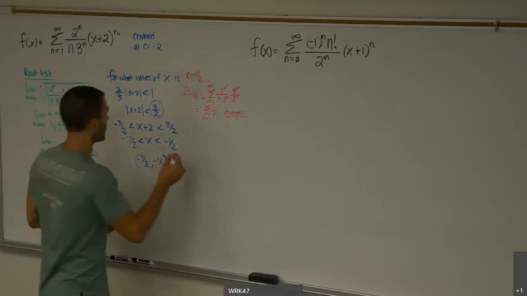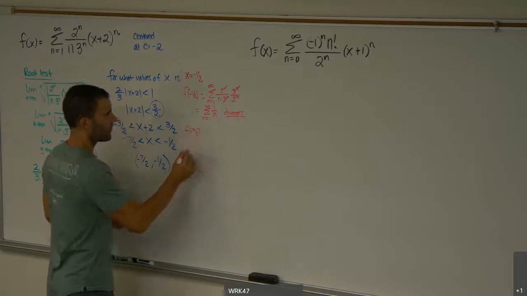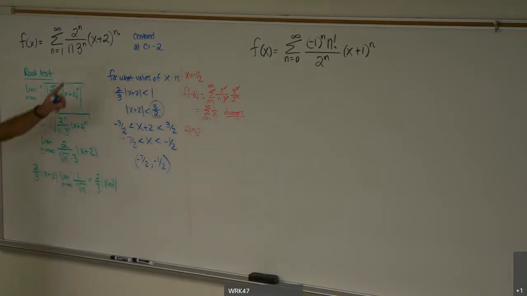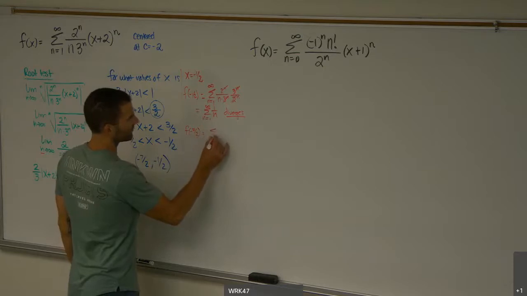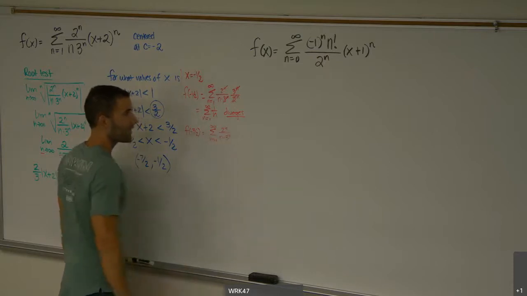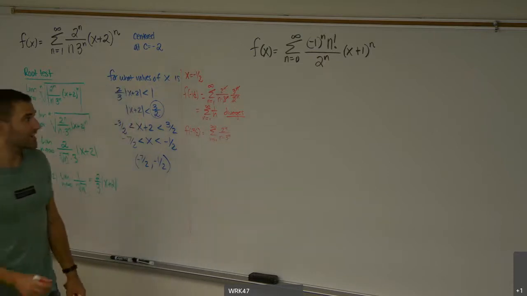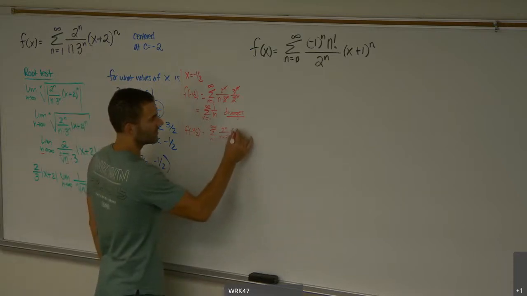Okay. Well, what about -7/2? Well, -7/2 plus 2 is now -3/2 instead of +3/2. And so in this case, what we're going to end up getting is 2 to the n over n times 3 to the n. With -3/2, we can split up the n power over the negative, the 3, and the 2.